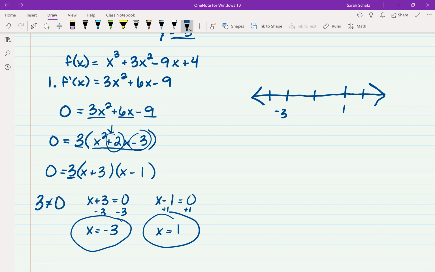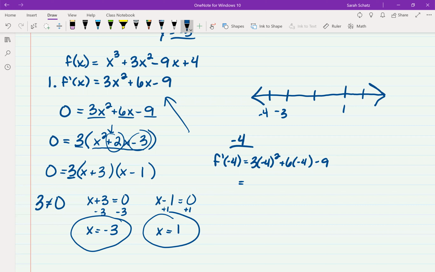Okay, so let's pick a number that's less than -3. I'm just going to go with -4. Remember where to test it, in the derivative. All right, so -4, putting that into the derivative, let's see what we get. So it's 3 times -4 squared plus 6 times -4 minus 9.